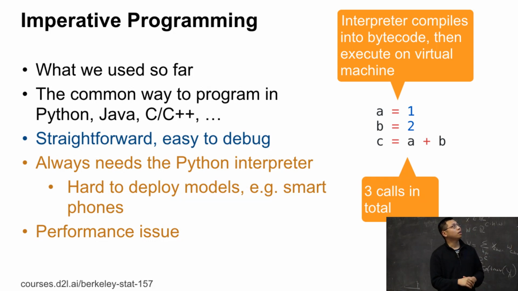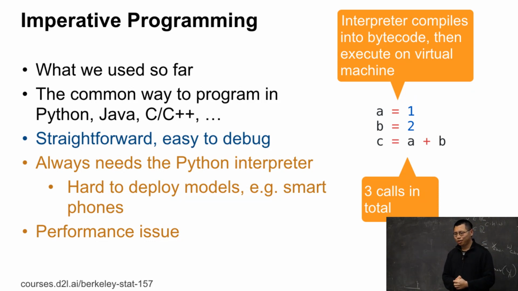We first assign values to A and B, and then compute C equals A plus B. Every time we execute a line, we actually run the code. So it's pretty straightforward and easy to debug. If everything goes wrong, you just print the result, or use a breakpoint in your IDE, that's all.